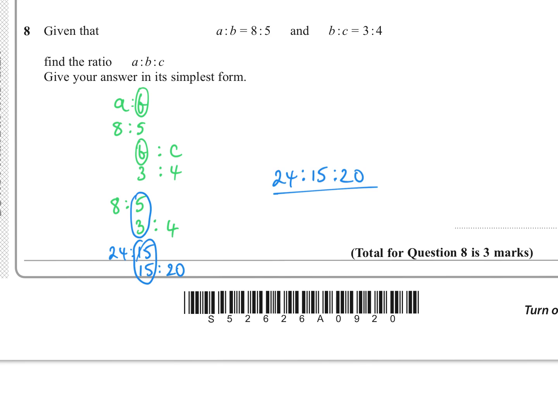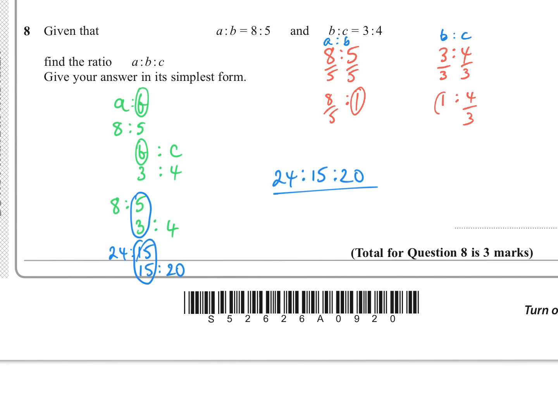If you don't like that way, then another way of looking at it is if you have 8 to 5 and we divided both sides, say, by 5, that would give us 8/5 to 1. And if we looked at the second ratio, which was 3 to 4, and we try and get the B part, so this was A to B, and this is B to C, if we try and get the B part to match the first ratio, i.e. make it 1, we'd have to divide both sides by 3, and that would give us 1 to 4/3.